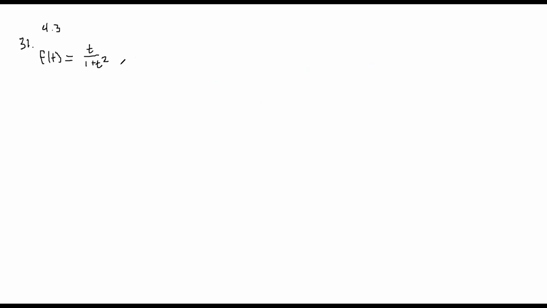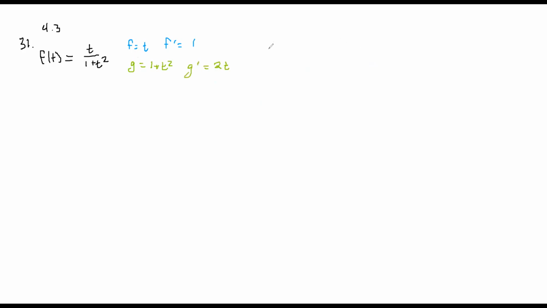This would be, we'd use the quotient rule. So we'd say f is equal to t, f prime is equal to 1, g is equal to 1 plus t squared, g prime is equal to 2t.